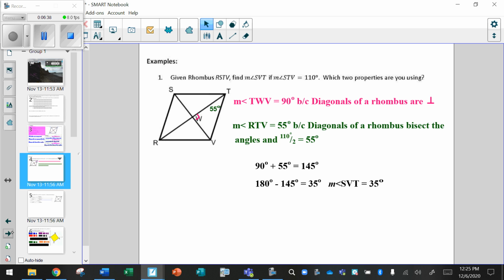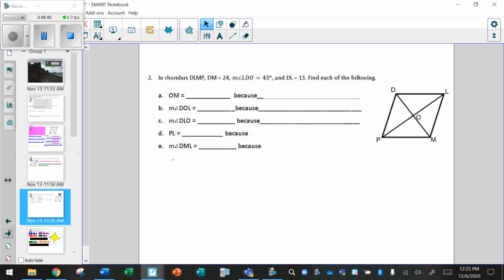So let's do another one. We have a rhombus drawn over here, rhombus DLMP. DM is 24. Angle LDO is 43. And DL is 13.